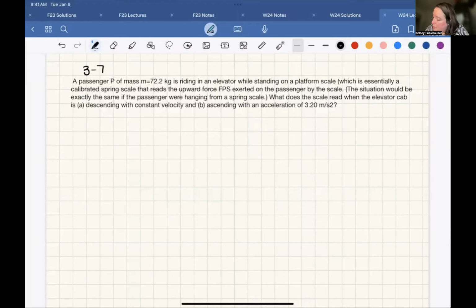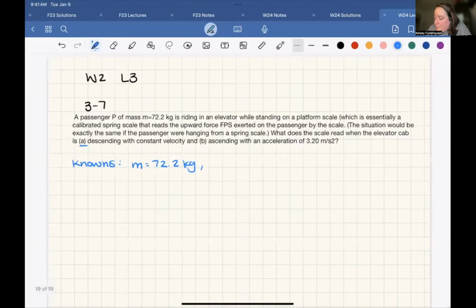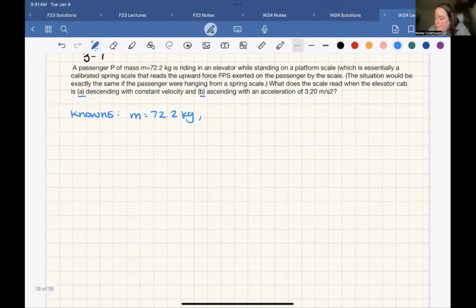So let's write down our knowns and unknowns. So we have the mass of the passenger, 72.2 kilograms. And we have two different situations. I'm just going to give them the subscripts A and B since they're part A and part B. So for part A, the acceleration is 0 because it's constant velocity.